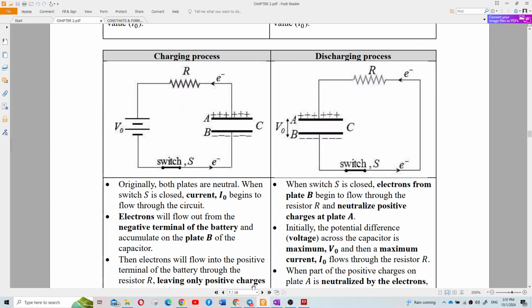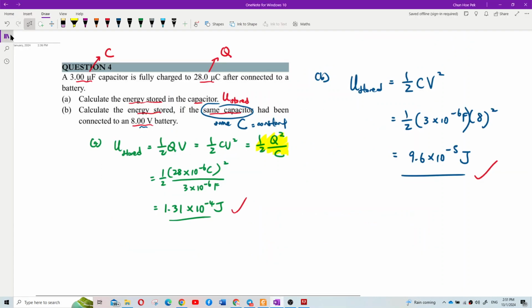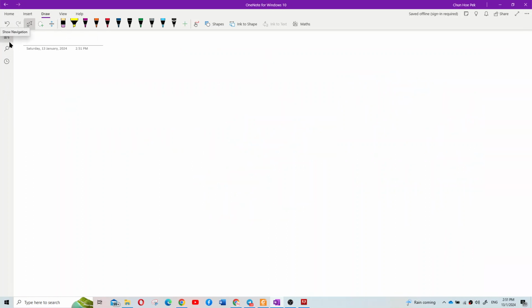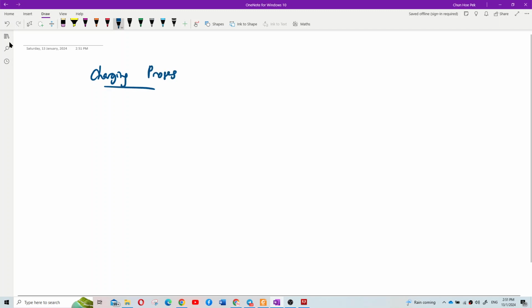Maybe I just draw it out and we can see more clearly. Let's start with the charging process.